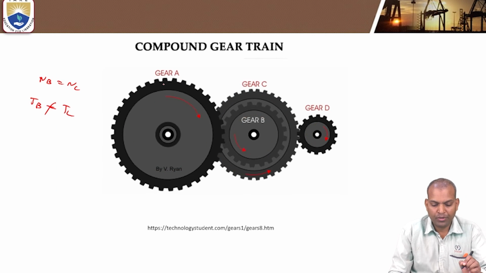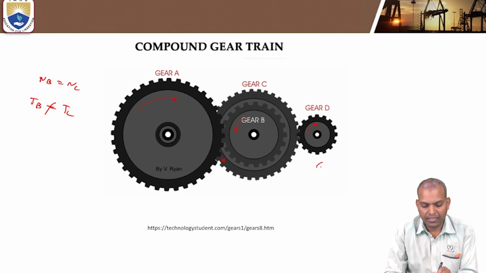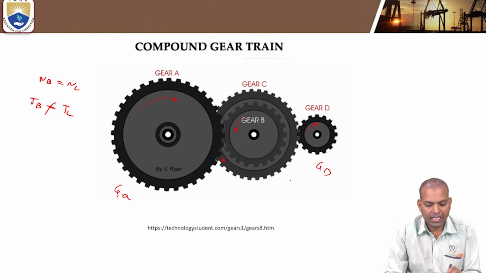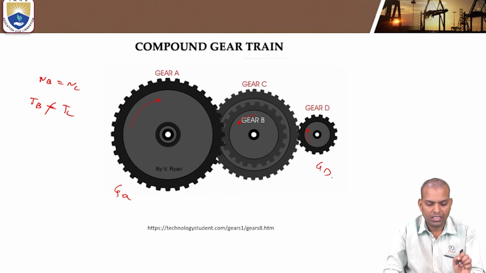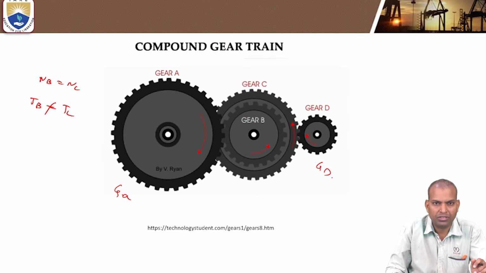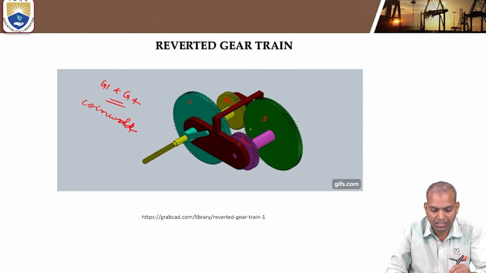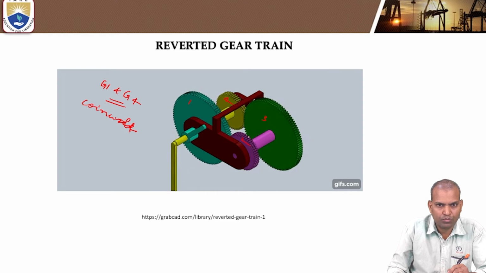If you look back at the compound gear train, the output gear, the final gear, is gear D and the first is gear A. The gear A and gear D axes are parallel but not coincidental. That's why a compound gear train is not a reverted gear train, but a reverted gear train is a compound gear train, because by principle more than one gear is mounted on the same shaft.